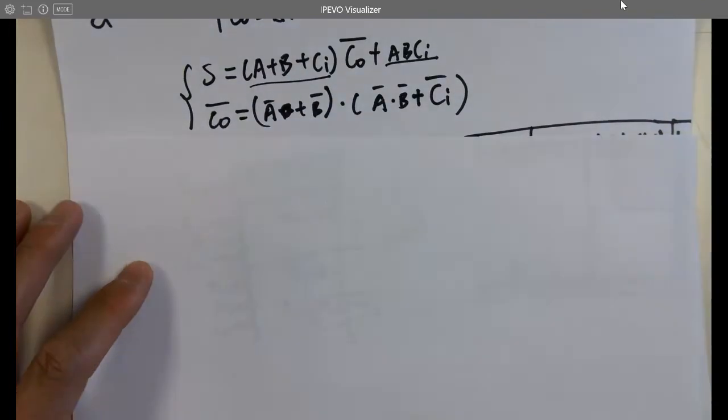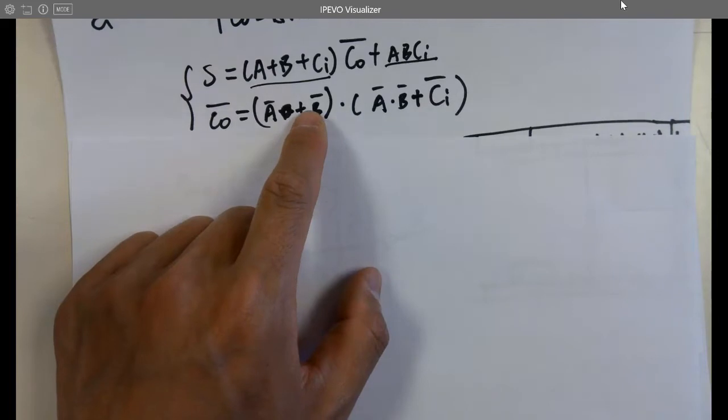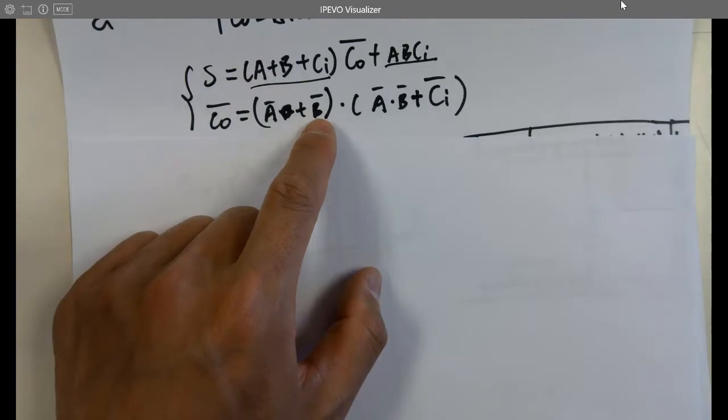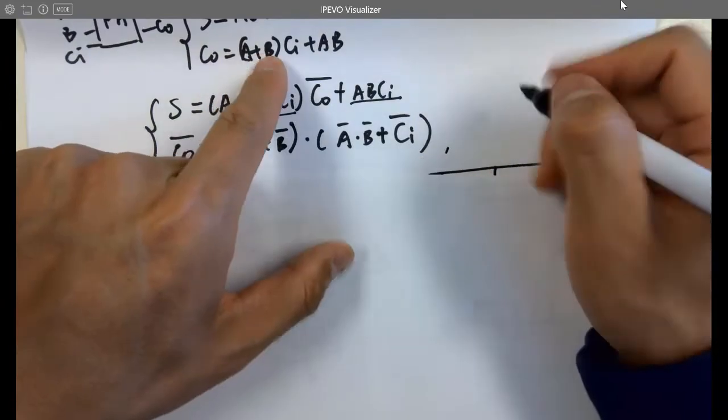Did I have a different structure here? I think I used the old one. I didn't use this one. Because we know that CO is this one. This is easy enough.